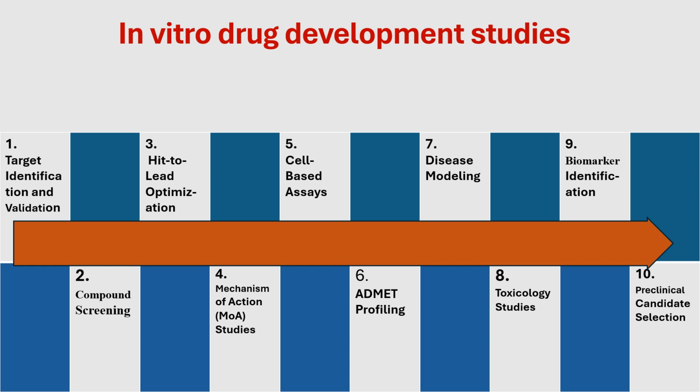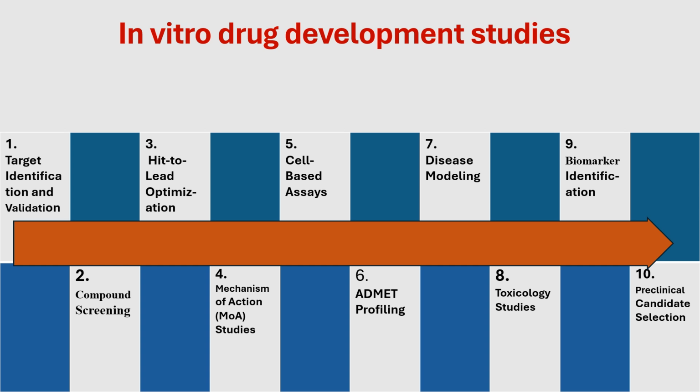9. Biomarker identification. We identify biomarkers to monitor drug activity and efficacy in future preclinical and clinical studies. 10. Preclinical candidate selection. We choose the most promising compound or compounds for further development.